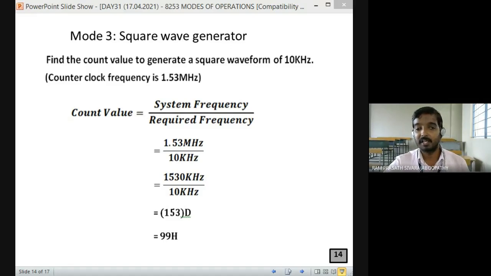I'm going to read all. Okay, quickly find and tell me the control word for this. What is the control word for this? Counter 1 mode 3 binary counter with both LSB and MSB. Can you write it in hexadecimal now?